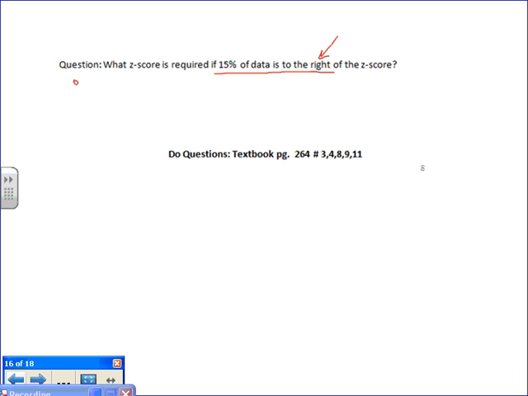So just bear that in mind. The percentage of data to the left will be 100% minus 15%.